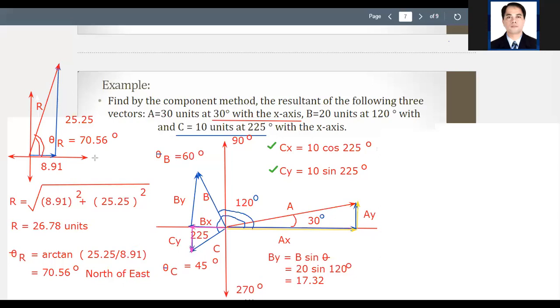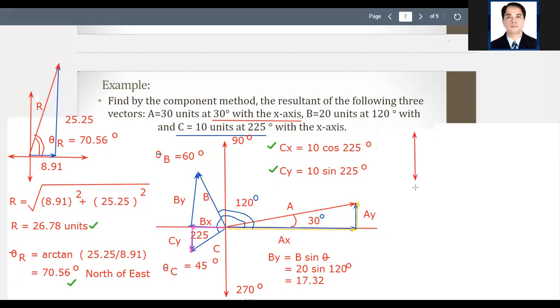This is what we call the component method, the one that we just finished. We end up with a resultant and a direction. Now we are going to imagine what if we use the graphical method, will we end up with the same result?